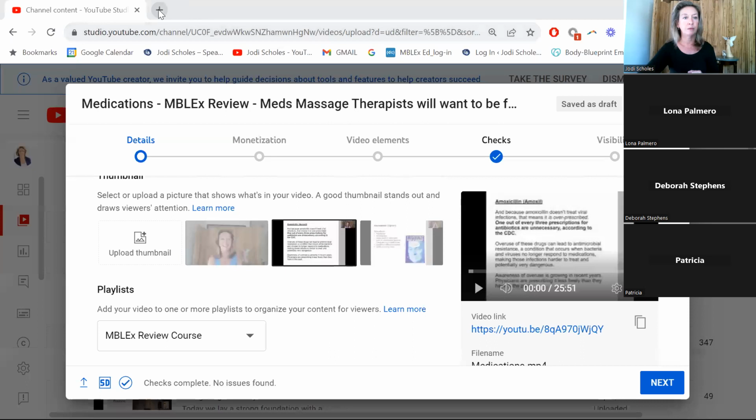And what that means is we follow the guidelines for the Federation of State Massage Therapy Boards' recommendations. I'm not sure your instructors shared with you, but there is a sheet of what is on the MBLEx. In fact, I wasn't preparing to show this to you, but I will go ahead and call this up.